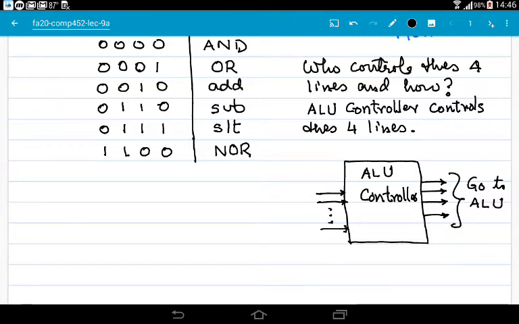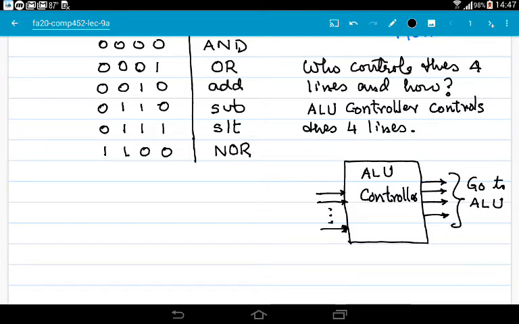That's the question that we want to answer. These four output lines will be 4 because the ALU that we want to use has 4 input control lines. So the ALU controller output lines will be 4 in number, at least 4. But how many input control lines should we have for our ALU controller? That's the question that we need to answer.